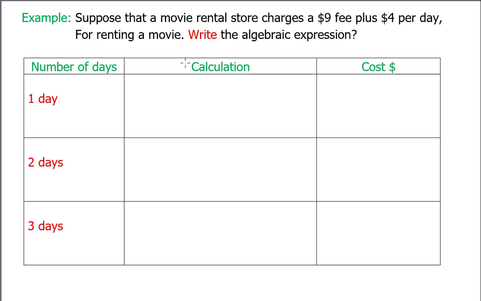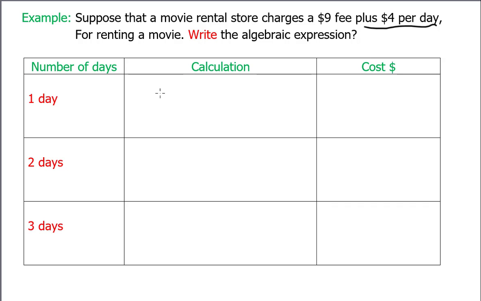Before we write the algebraic expression, let's do this in a numeric way. Suppose a movie rental store charges $9 plus $4 per day. Let's say you rent for 10 days, 2 days, or 3 days. The $9 is a fixed number, but the 4 depends on how many days the person rents the movie.